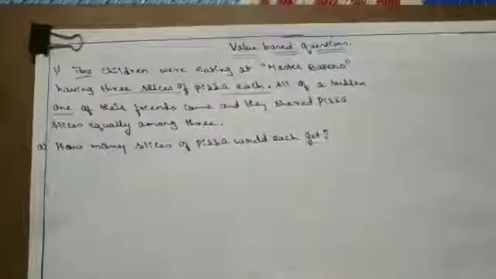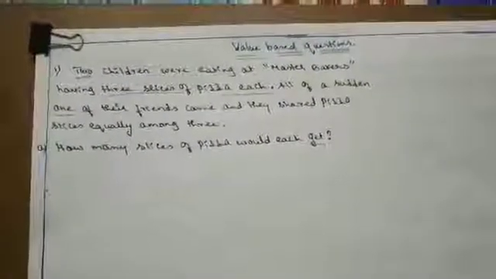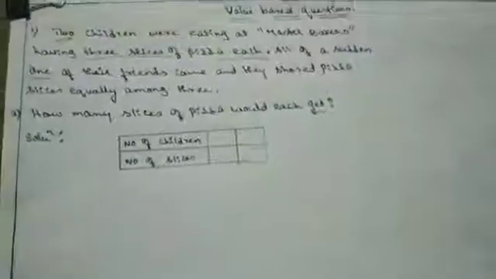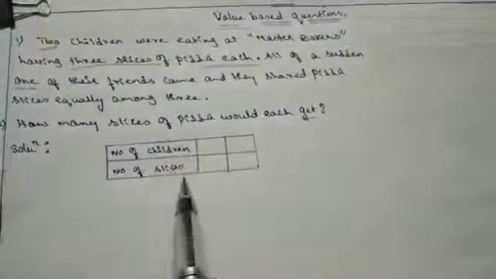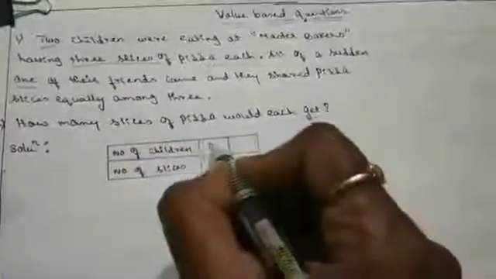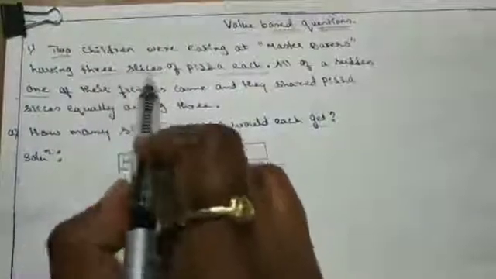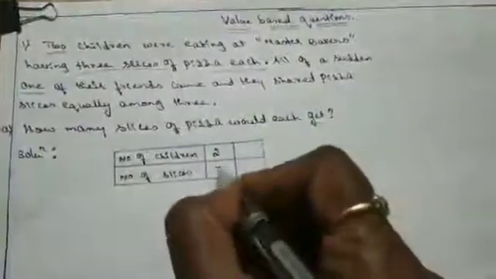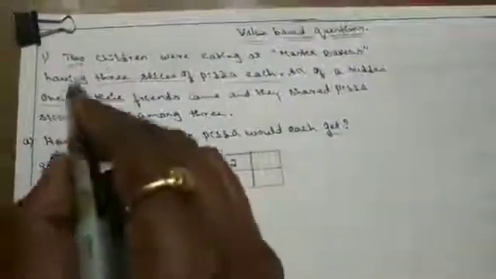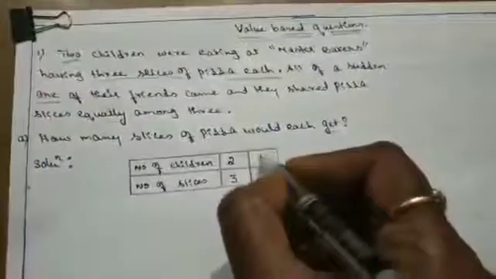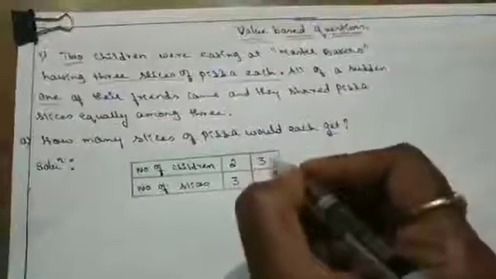Now let me create a table and show you whether it is direct variation or inverse variation. So here the 2 quantities will be number of children and number of slices. So when there were 2 children, each would have got 3 slices of pizza and the pizza was divided equally children. Okay, and one of his friends arrives, means here it becomes 3 members because of 2 plus 1.